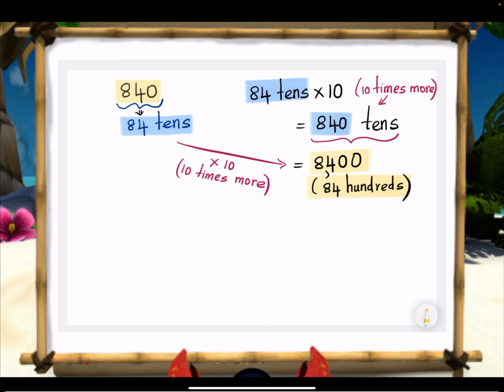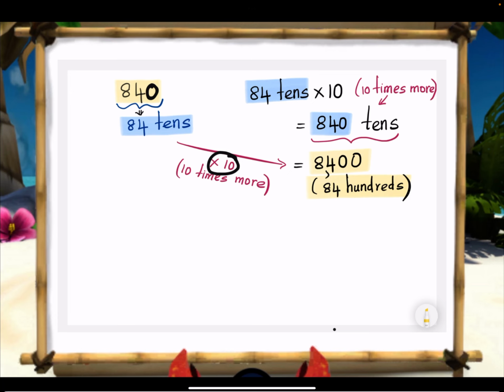Take a closer look at the number of zeros that are in 840. So if you see 840, the number of zeros is just 1. But in the answer 8,400, the number of zeros is 2. So before multiplying with number 10, the number of zeros was just 1.